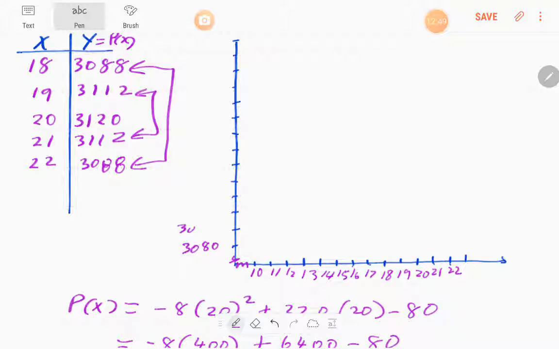So 3080, 3090, 3100, 3110, 3120. I don't need to go any further. So bear in mind that this graph is broken. Obviously, this part here with the 3100s is going to be much, much higher up.